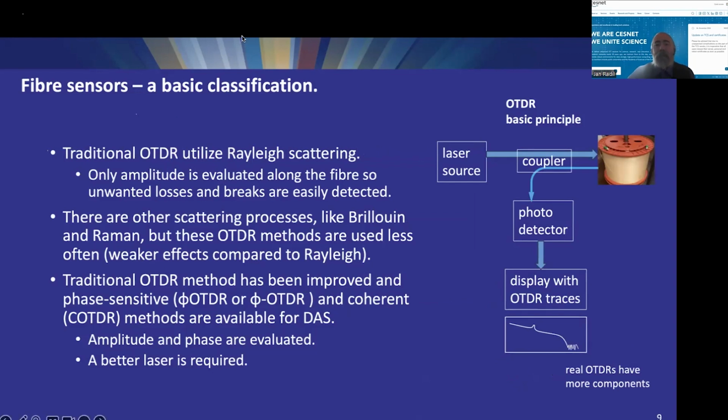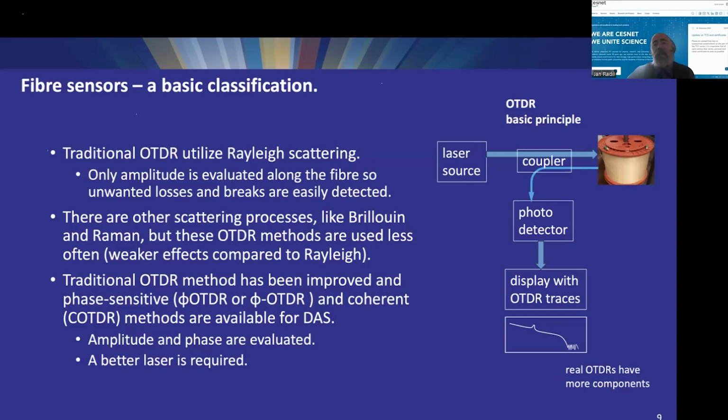This is very, very basic. There are also other scattering processes. We can mention Brillouin scattering and Raman scattering, but these methods are used less frequently because these Brillouin and Raman effects are weaker. So it's more difficult to get enough light to work with them.